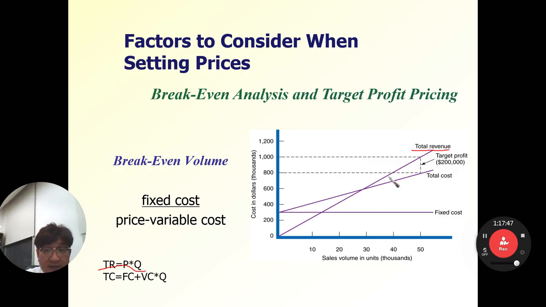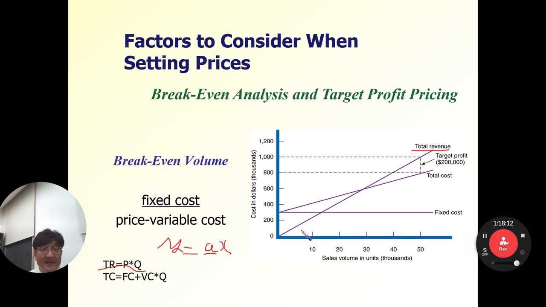This graph is total revenue, P times Q. It is more like Y equals AX, right? Then how to get the value for A? What is A in this graph?